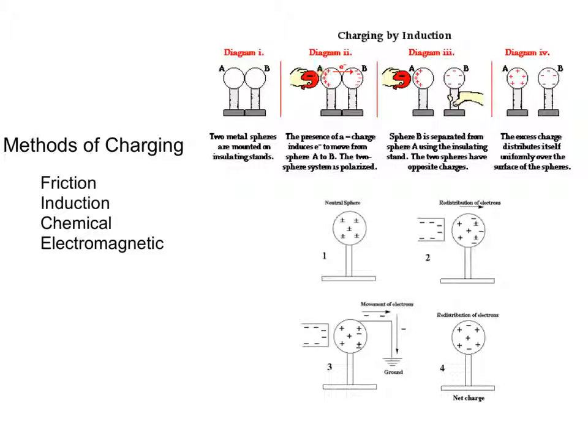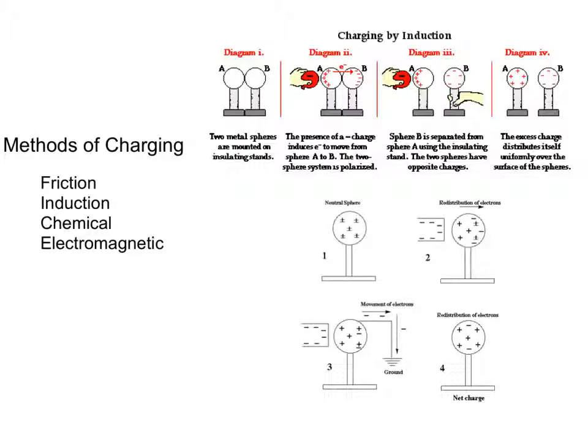So if I bring something negative, all of the electrons that are free to move about, if this is a conductor, 2 conducting spheres, are going to try to run off of sphere A and into sphere B, leaving sphere A more positively charged. Then, if I separate the spheres over here, that leaves a lot of positives on A and more electrons now on B, and so now I have 2 oppositely charged spheres. Positive and negative. That's charging by induction.